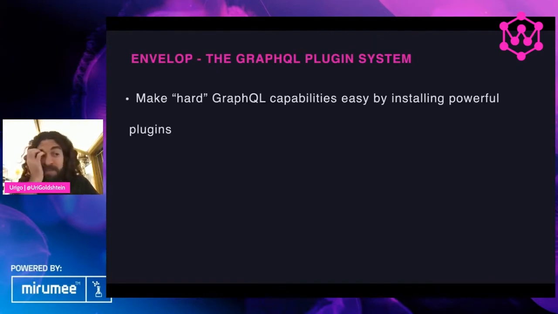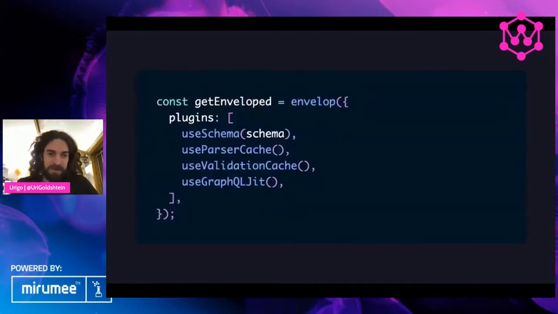First of all, the benefit of Envelop was that it made a lot of things that used to be considered hard or advanced capabilities in GraphQL very easy, because this is the API of Envelop as the user. You just get an Envelop object that later you send to your server, and with just 4 lines of code, you created an extremely performant server.